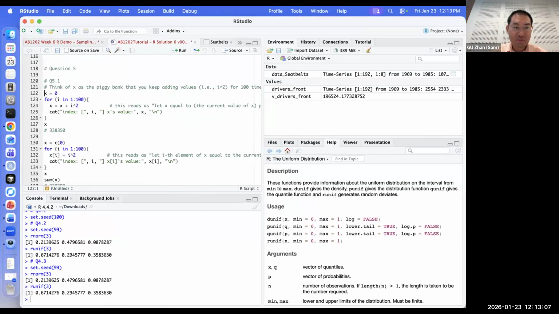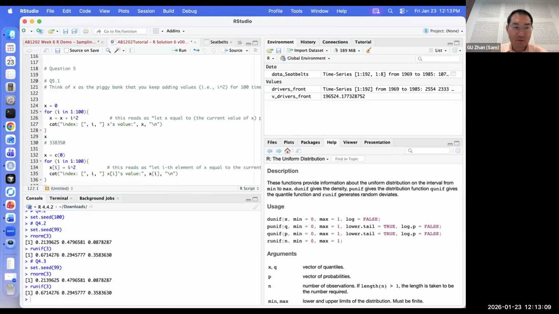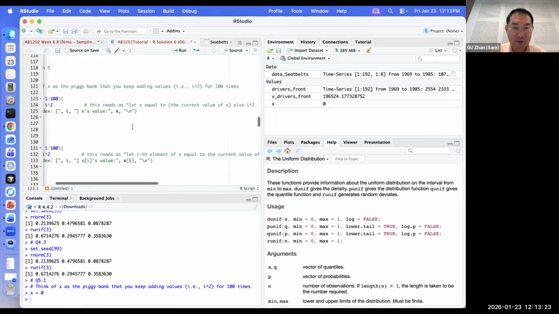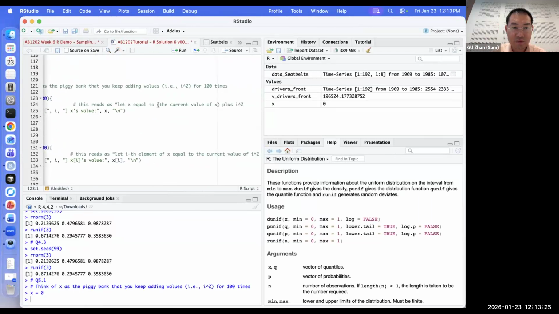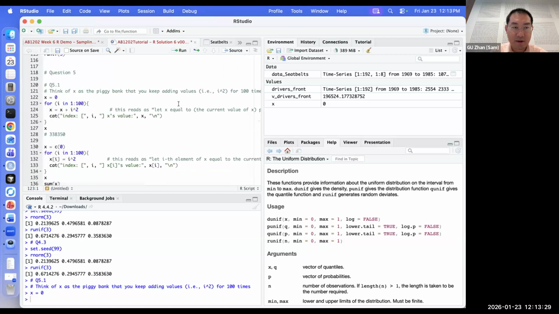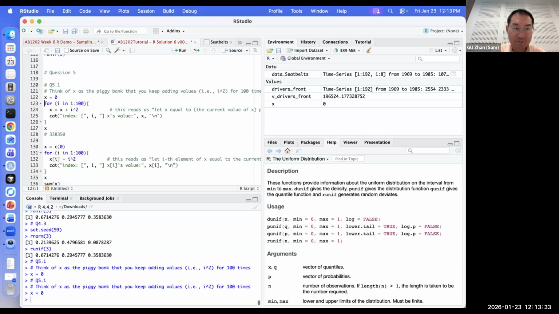So x starts from 0. For i in 1 to 100, we repeat 100 times. Each time, x equals x plus i power 2. This reads: let x equal the current value of x plus i power 2. So the i value changes from 1 to 2 to 3 to 4.